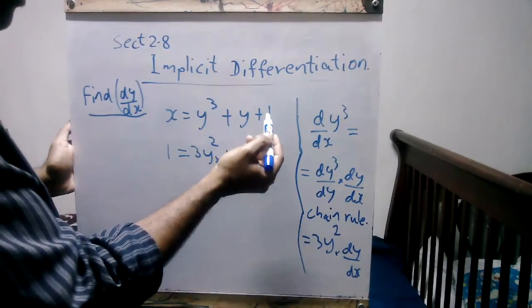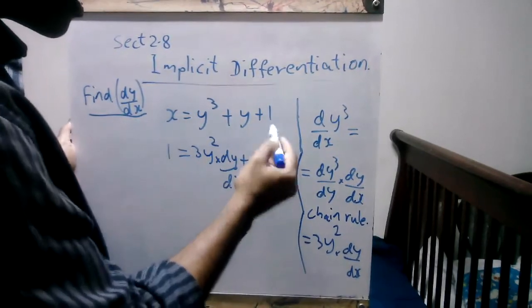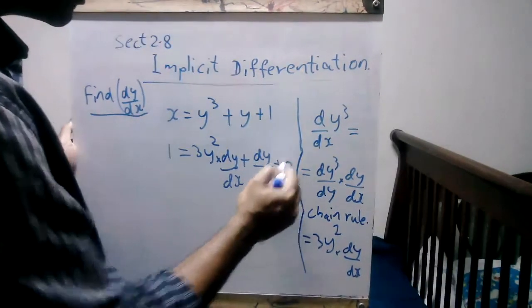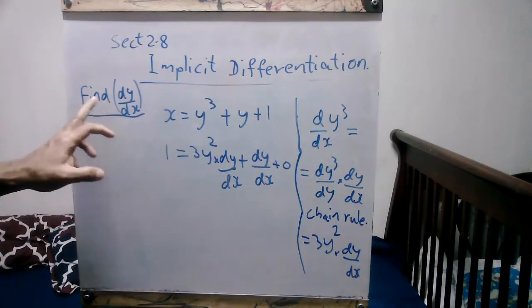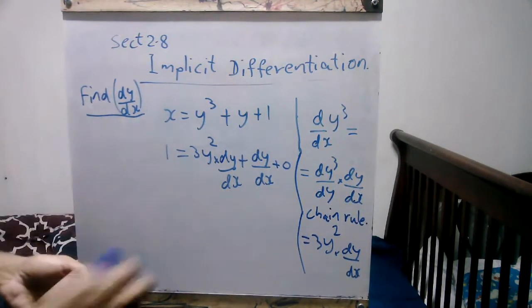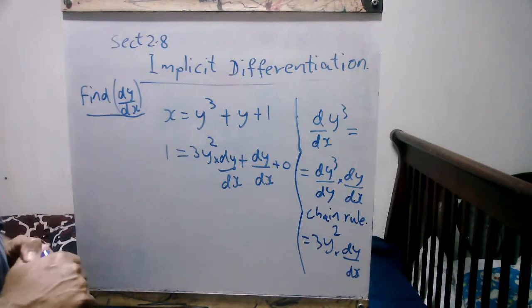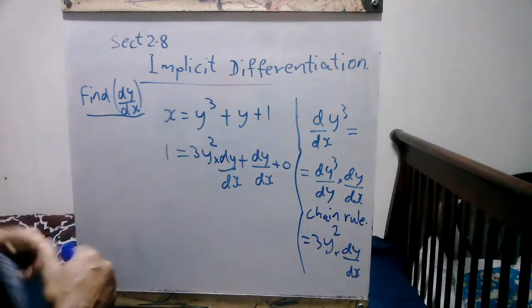The derivative of 1 is a constant, therefore it is 0. You don't have to write 0, but I wrote it. Right? Now that's it, the differentiation. Now we want to find dy/dx, therefore solve this equation for dy/dx.